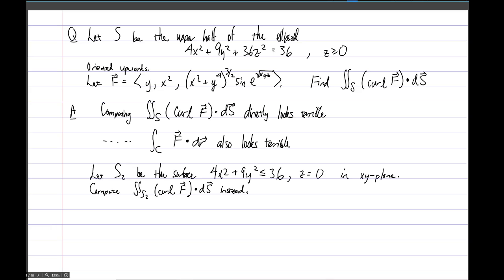The picture I have in mind here is x, y, z. Looking at the equality version, 4x squared plus 9y squared equals 36, we can find intercepts: 3 on the x-axis, 2 on the y-axis.